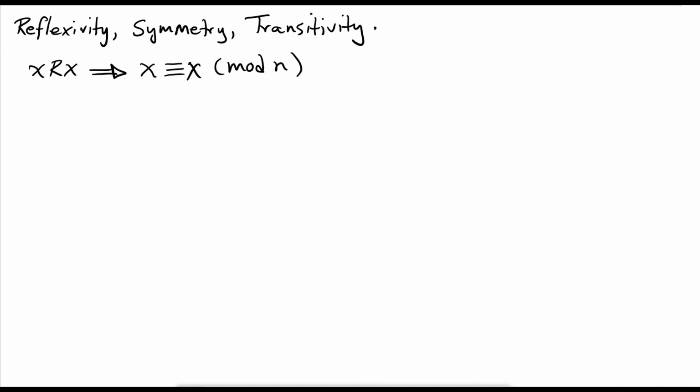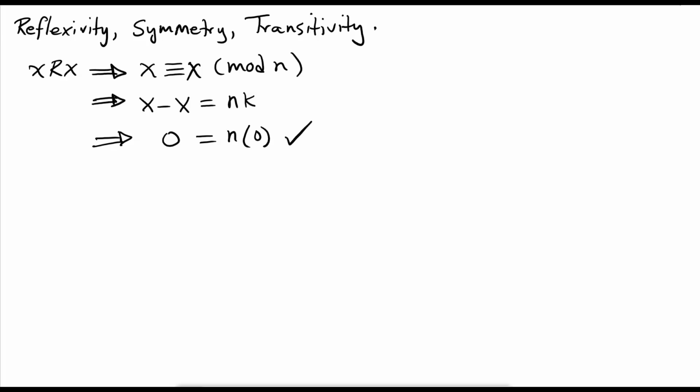Well, let's see if that's true. What does that mean? That means that x minus x is equal to n times k. Well, that is true because x minus x is equal to 0, and 0 is equal to n times 0. So reflexivity holds. Congruence modulo n is reflexive.